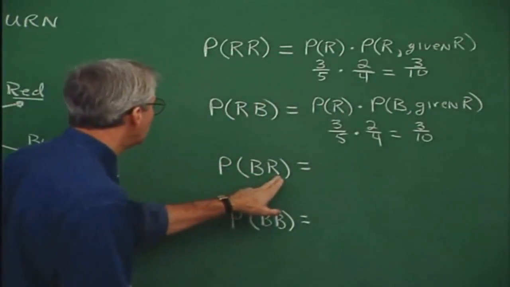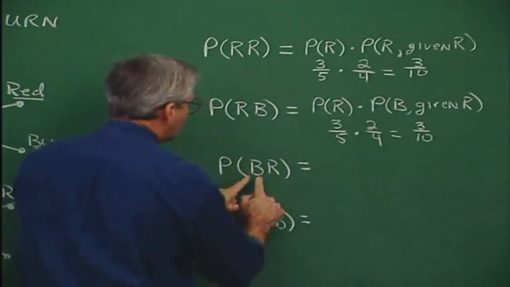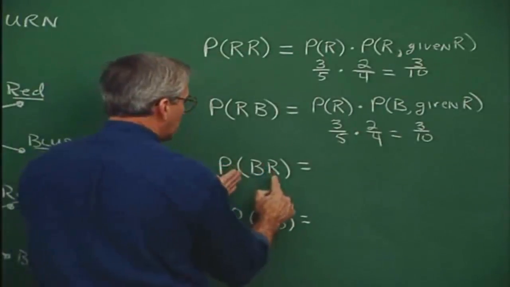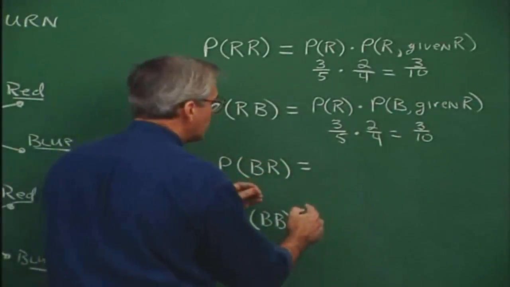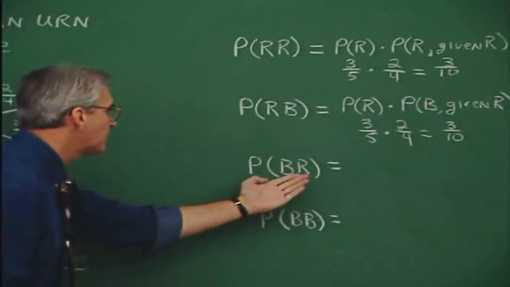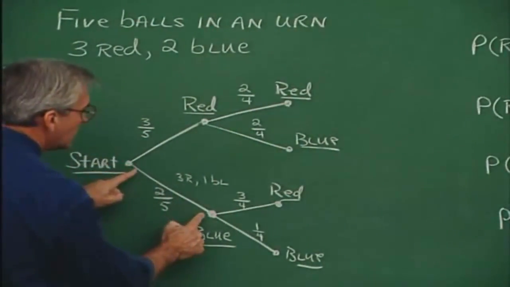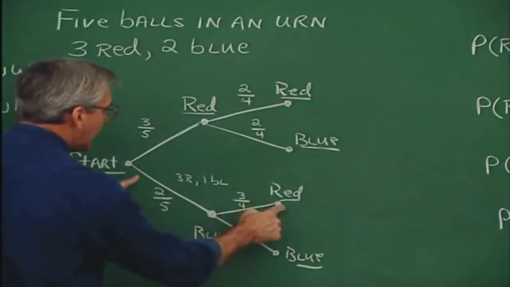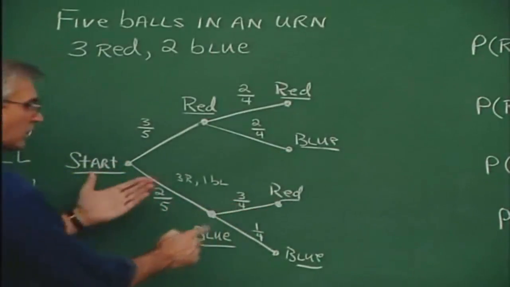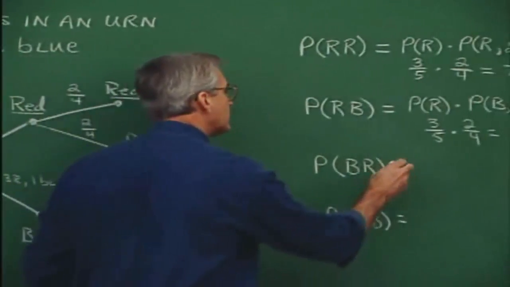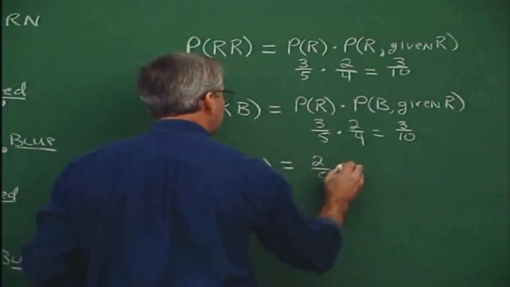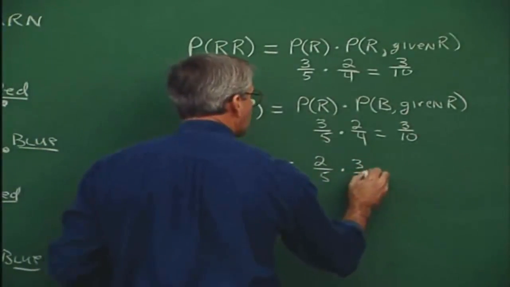Probability of blue, red, well, it's blue and then red given blue. So let's multiply the two, and we can come back over here and just see what we're multiplying. It's blue, red, so it's 2/5 times 3/4. So back over here, 2/5 times 3/4.